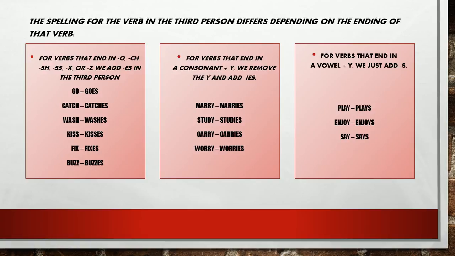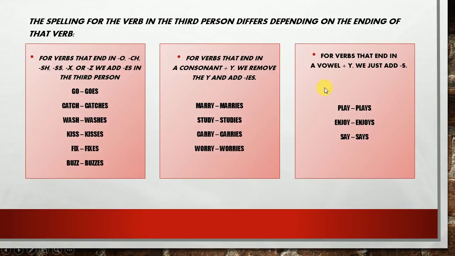For verbs that end in consonant plus y, we have to remove the y and add IES. So, for example, marry, marries, study, studies, carry, carries, and worry, worries.